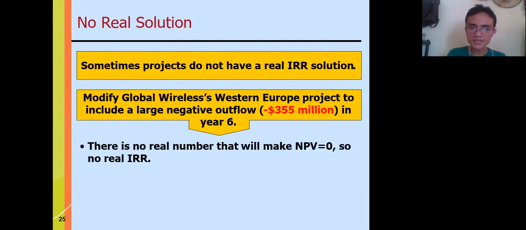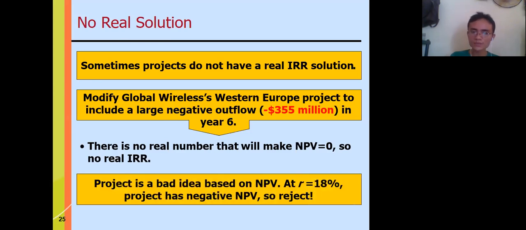In that case, let's check. Sometimes projects do not have a real IRR solution. Modify Global Wireless's Western Europe project, the first project. There are two, the Western Europe and the Southeast US, to include a large negative outflow of negative $255 million, meaning additional investment in year six. Therefore, there is no real number that will make NPV equal zero, so no real IRR.